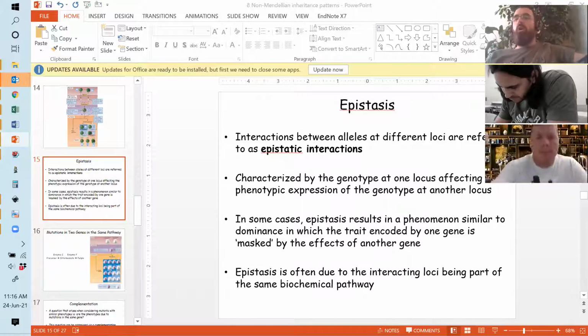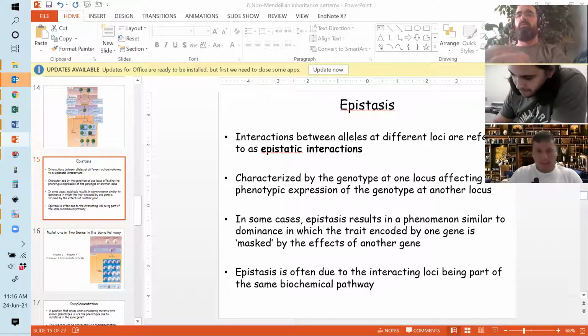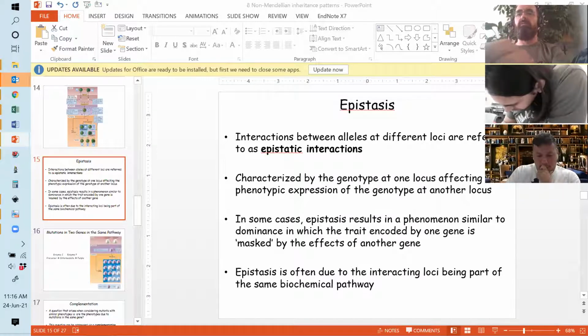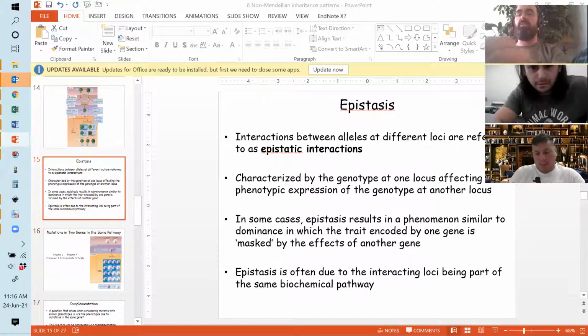So only then do you see the phenotype for the pigment gene.